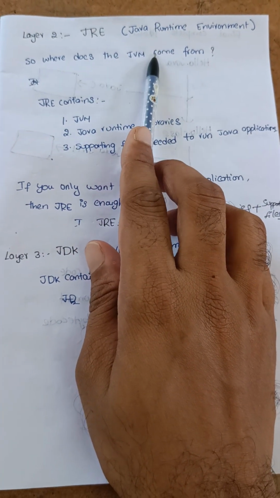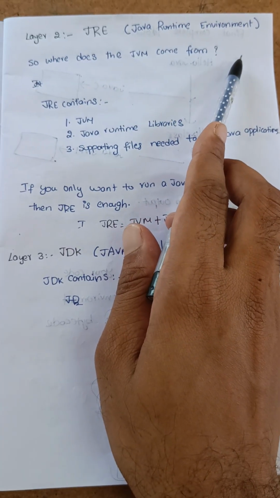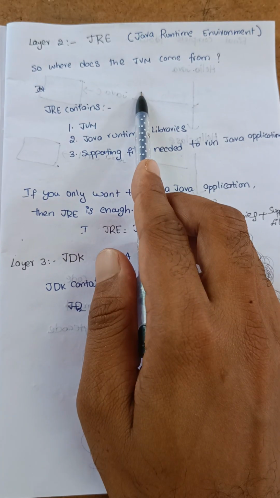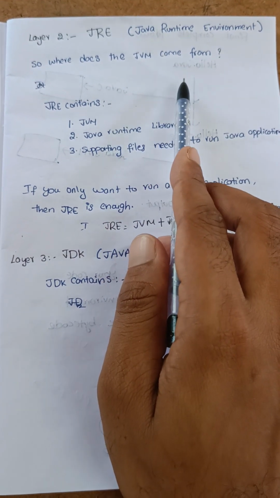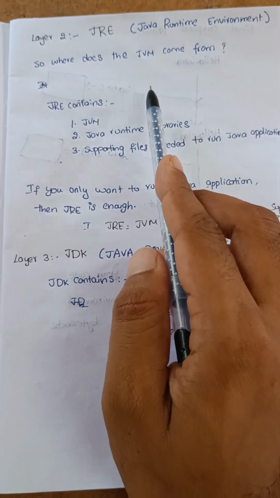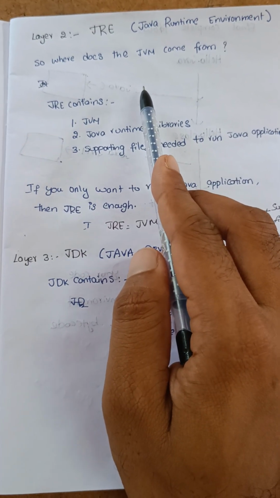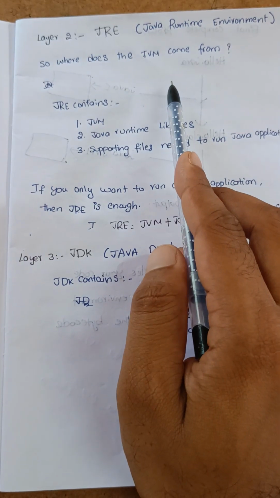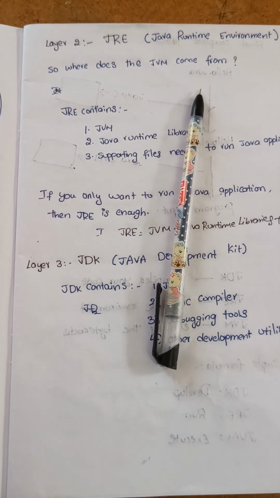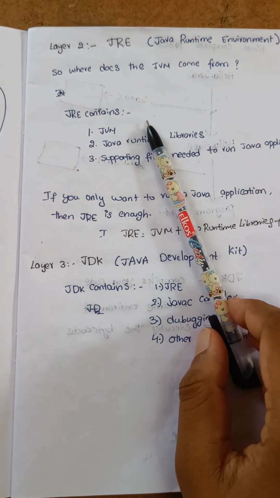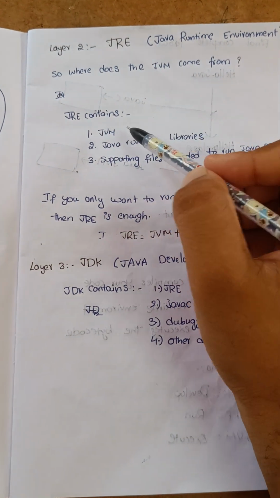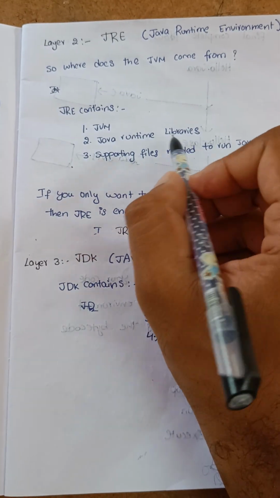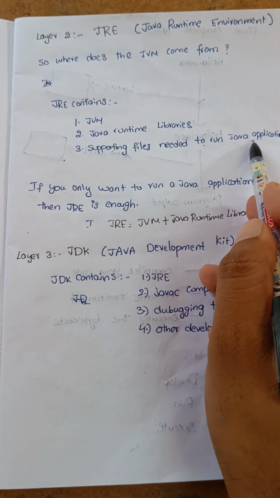JRE is the Java Runtime Environment. While executing a Java program, JVM needs some built-in classes such as String, System, ArrayList, and Map. These built-in libraries are provided by the JRE. So JRE contains JVM, Java runtime libraries, and supporting files needed to run a Java application.